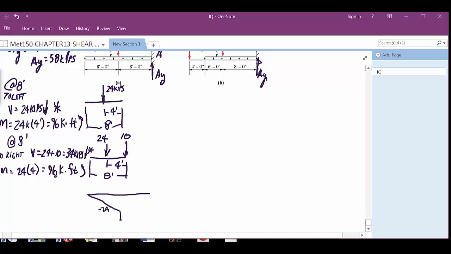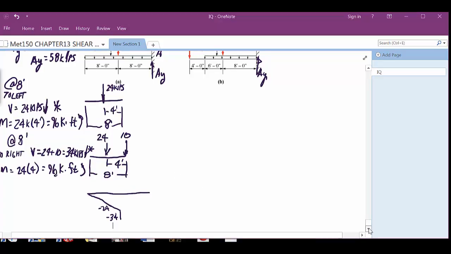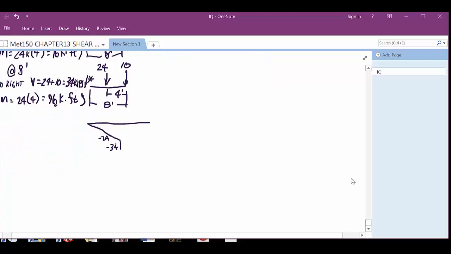Then it goes down 10 more, doesn't it? Based on that 10 kip force there. So it goes to minus 34. Well, what was it out on the end? Out on the end, it was 58, wasn't it? So then this goes to 58.